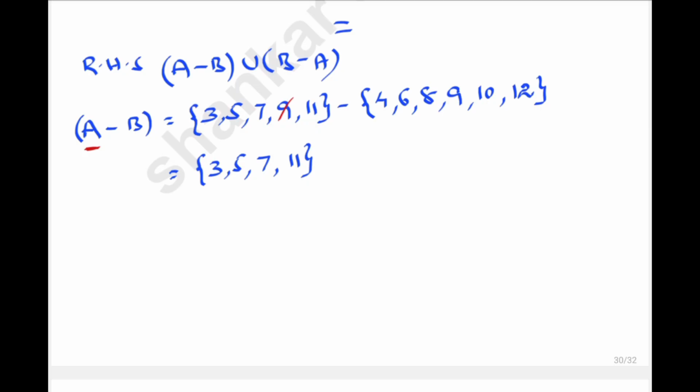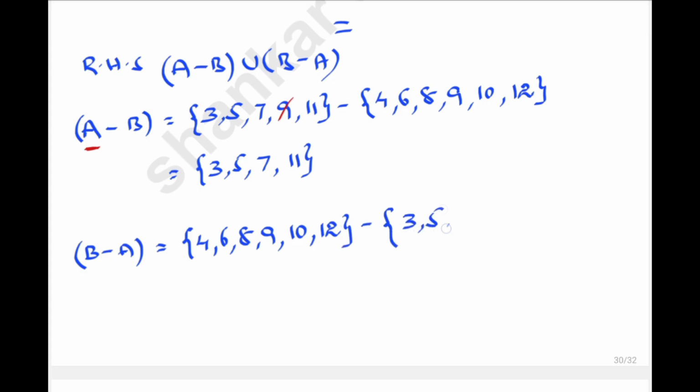Now similarly, B minus A. So what is the set B? Set B will be 4, 6, 8, 9, 10, 12 minus set A, 3, 5, 7, 9, 11.